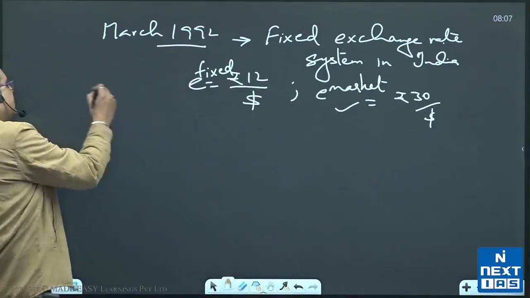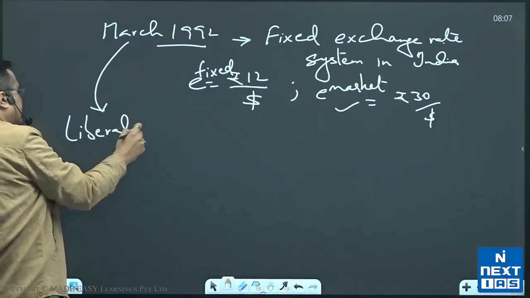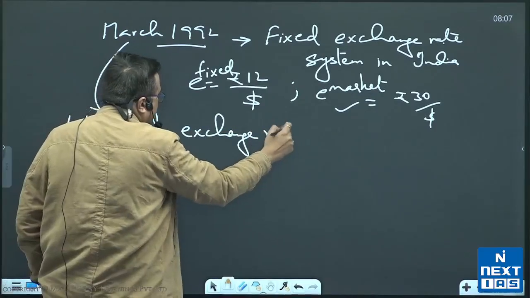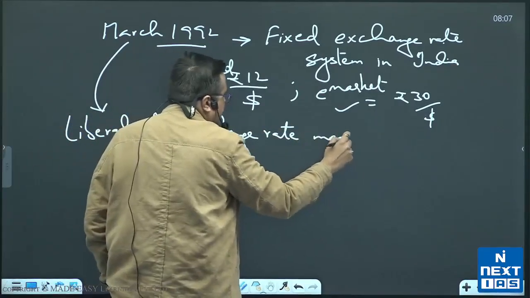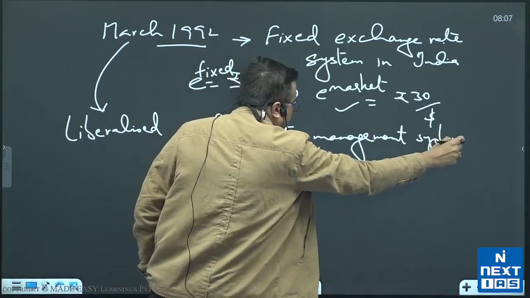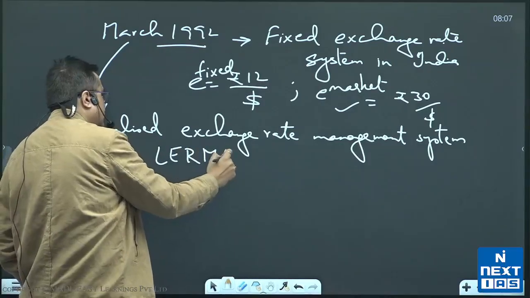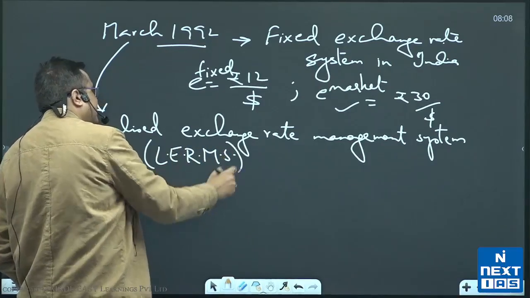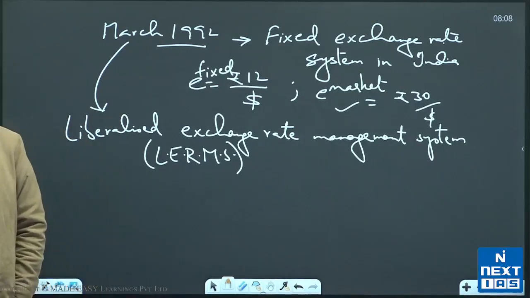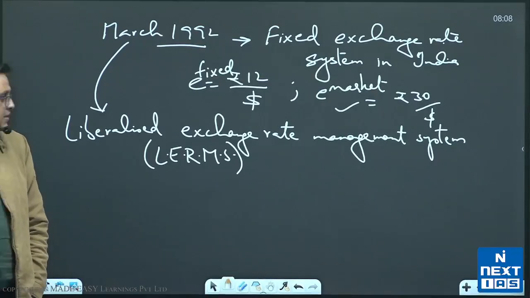In March 1992, we introduced a system called liberalized exchange rate management system, LERMS. Liberalized exchange rate management system. This is what we introduced in March 1992. Now, what were we doing in this LERMS?